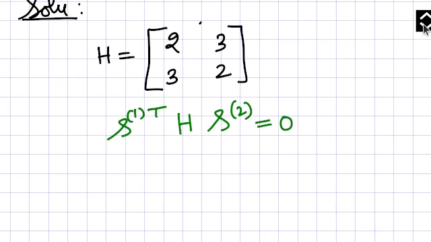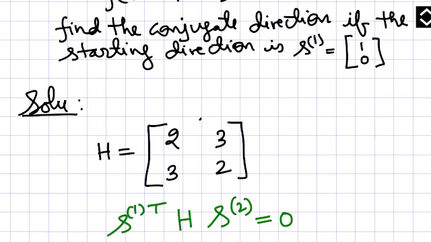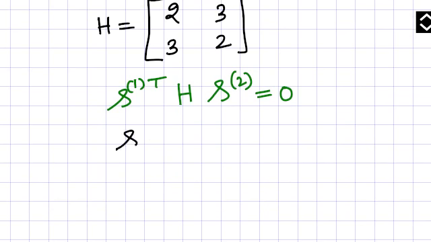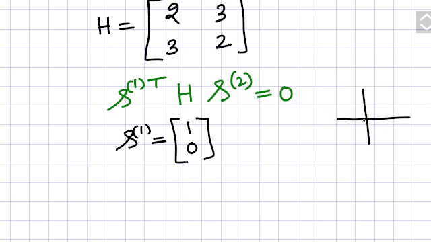The direction given to you, S1, is 1, 0. It means that if x1, x2 are the two axes, the direction given is to go one value in the x1 direction and 0 value in the x2 direction. This is the initial direction given to you.